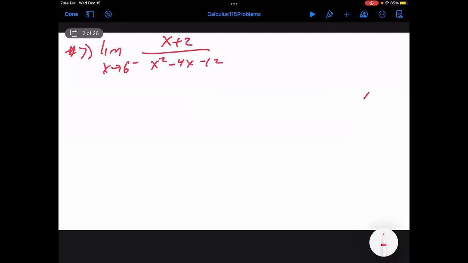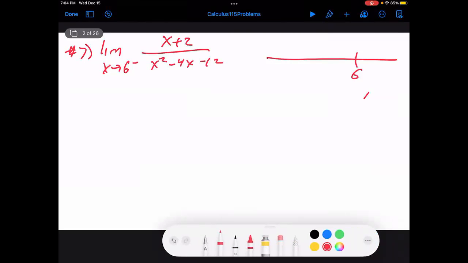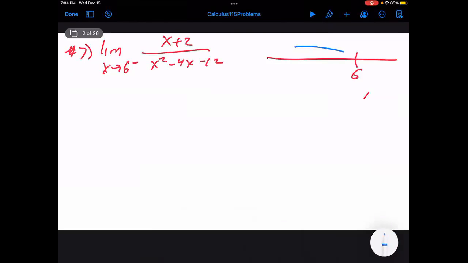So 6 minus means the following. Here's 6, and this is the limit as x goes to 6 from below. We call that the limit as x goes to 6 minus.